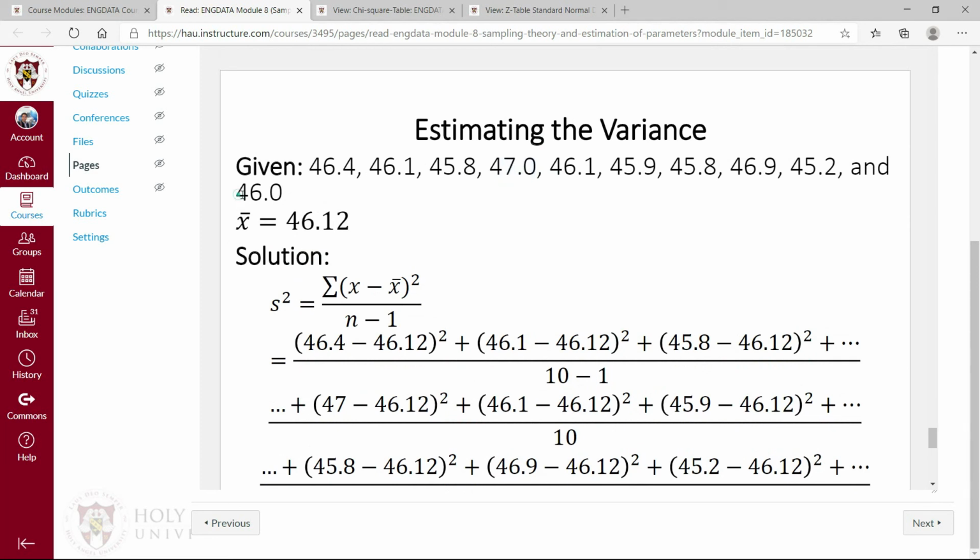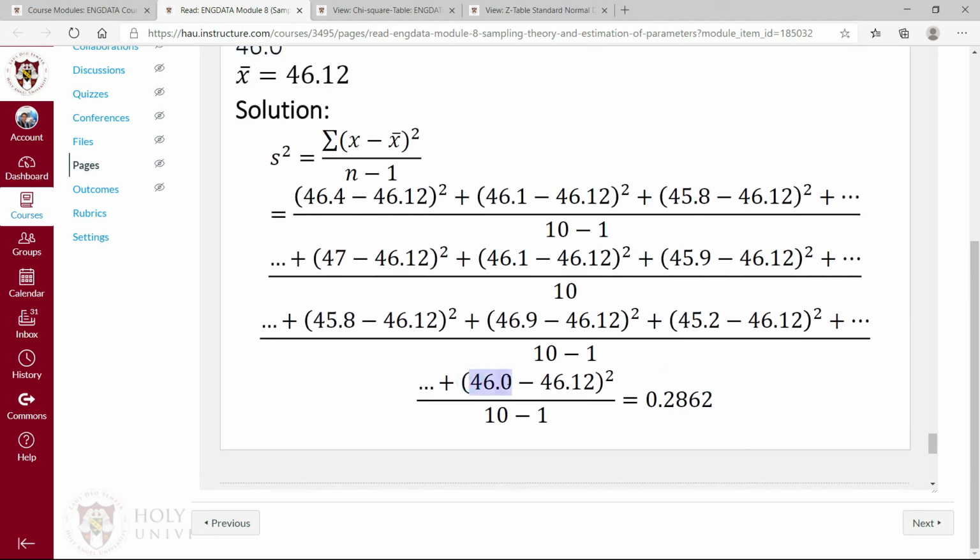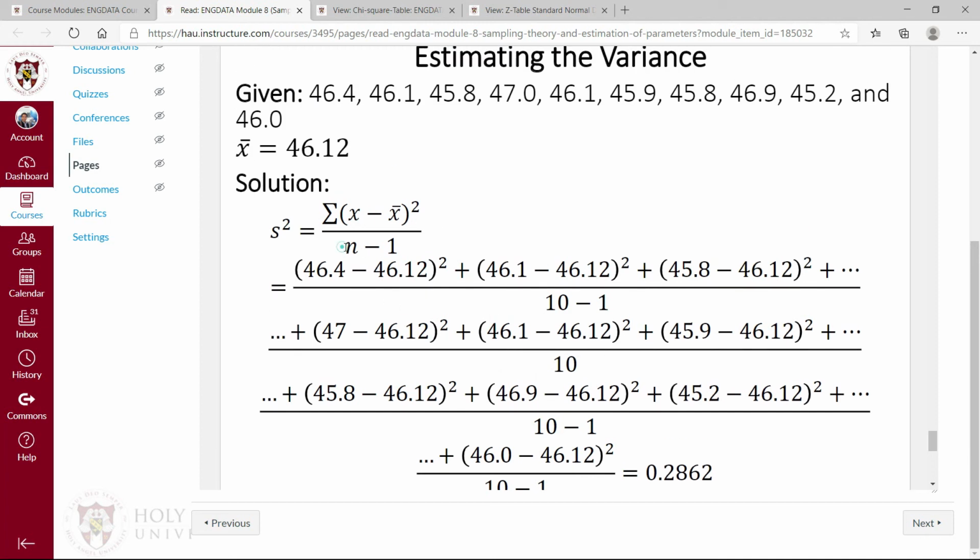So 46 minus the mean, then the whole expression is divided by simply 10 minus 1. You'll notice 10 minus 1 here; it represents only a single denominator.